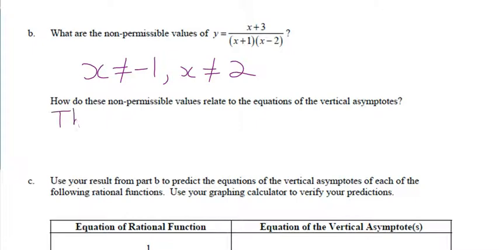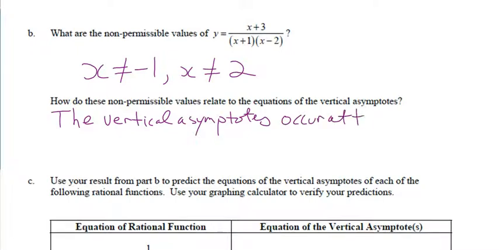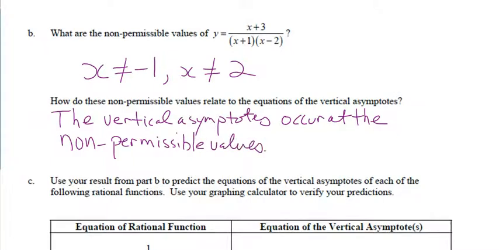Okay, so the vertical asymptotes occur at the non-permissible values. So they are x equals -1.